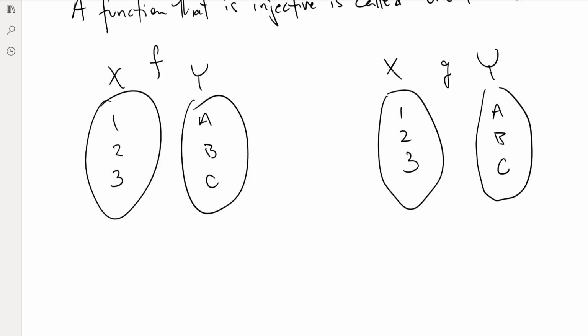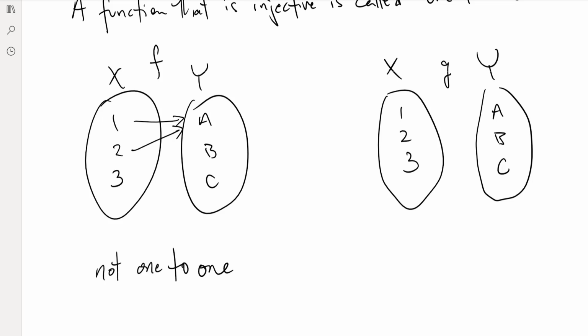Because they have to be functions first, you couldn't map one value to multiple values. But of course I could map multiple values to a single range value. So we could create a mapping like this. But that is a function that is not one-to-one.